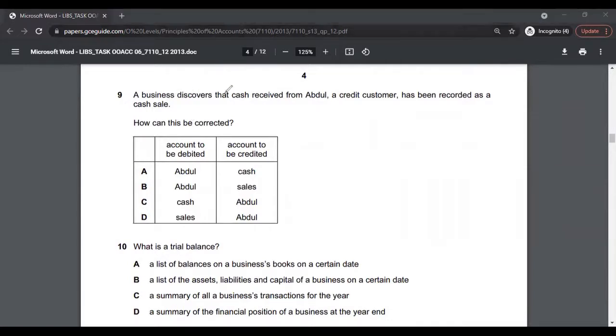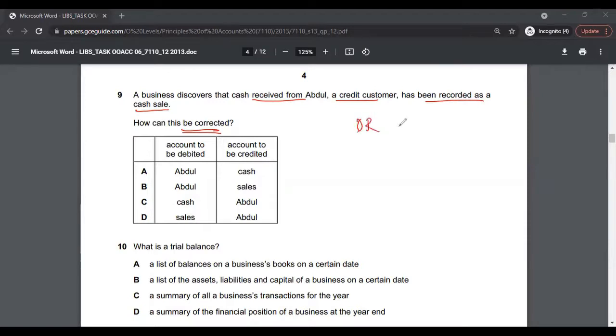Multiple choice 9. A business discovers that cash received from Abdul, a credit customer, has been recorded as cash sale. So what has happened? How can this be corrected?